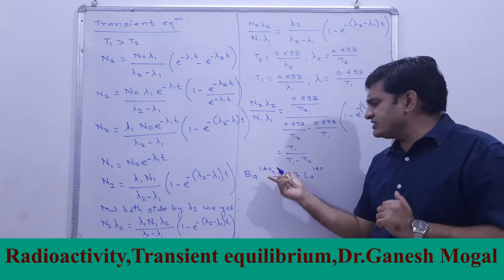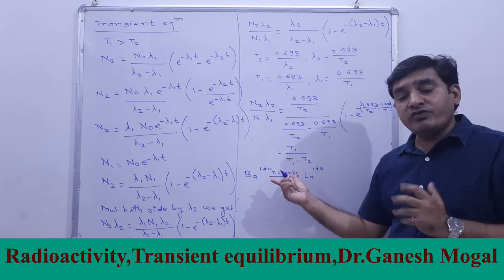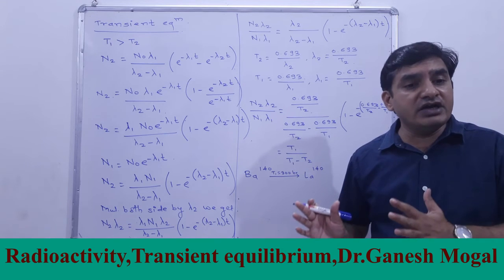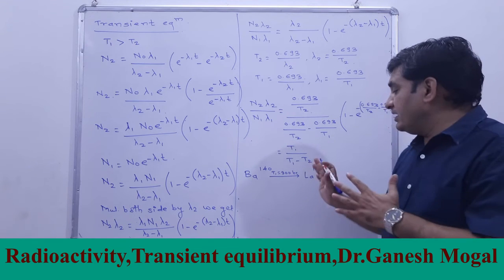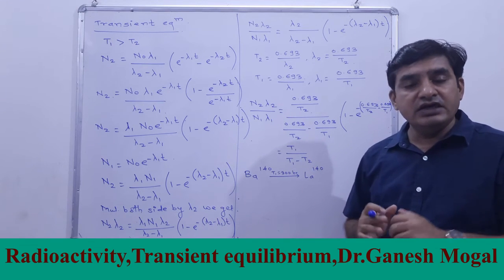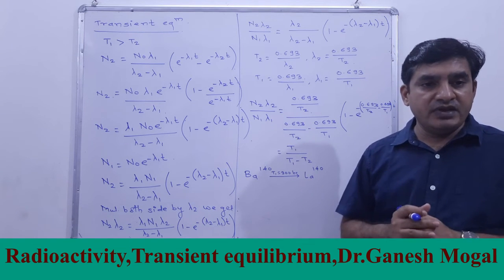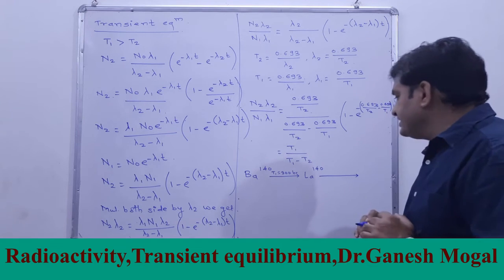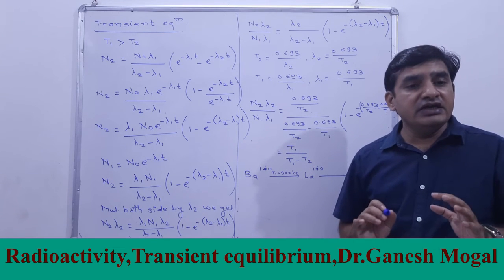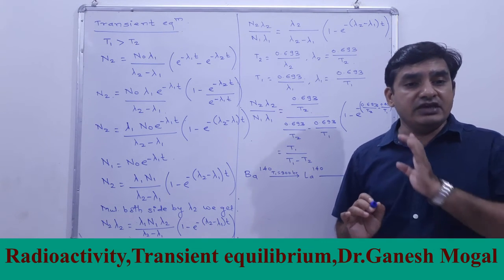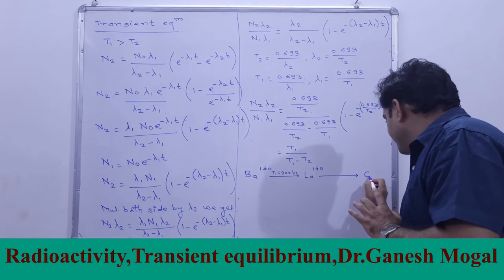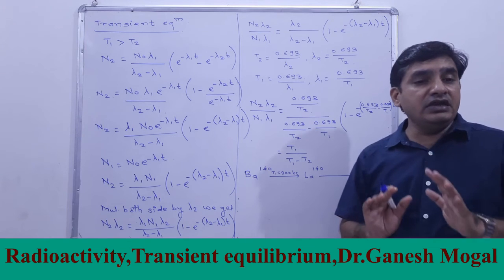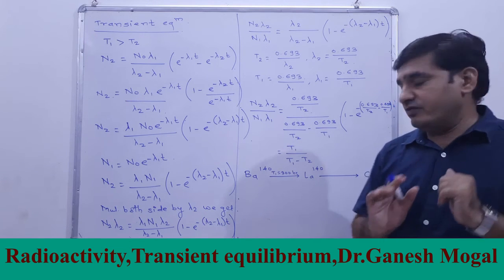This is the half-life for which the barium is converted into the lanthanum. This is a beta decay. Now the lanthanum is converted into the cerium, that is Ce 140, in 40 hours.